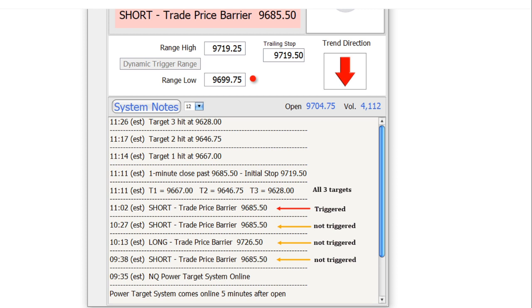But here's the thing: just playing a 5 minute breakout is not a winning strategy, right? If it was, that's all you would have to do. So obviously that is a losing strategy. You can tell by the difference between the actual alert price and where the low of the range was here.